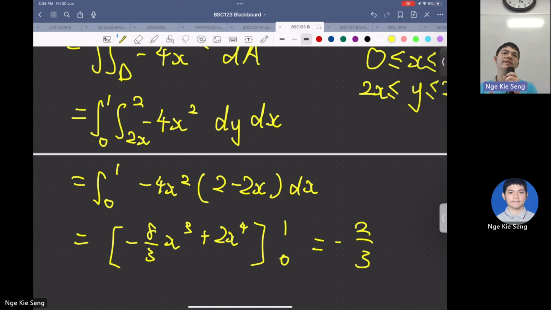Depends on the problem: sometimes the surface integral is harder, so you can do the line integral. Sometimes the line integral is harder, so you can do the surface integral. So you can go between these two. Is that okay?